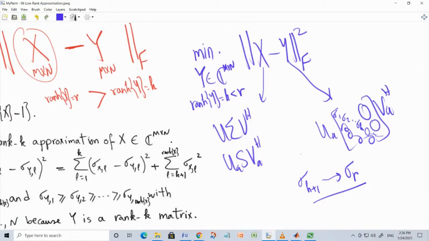This is, you can say, the most important application of SVD. Again, you want to approximate a matrix X with a certain rank by a lower rank matrix, such that the Frobenius norm of the difference is minimized. So the solution is SVD, keeping the largest K singular values.